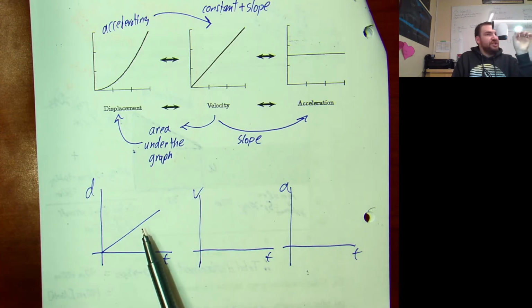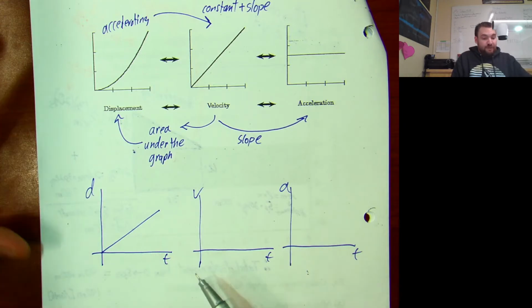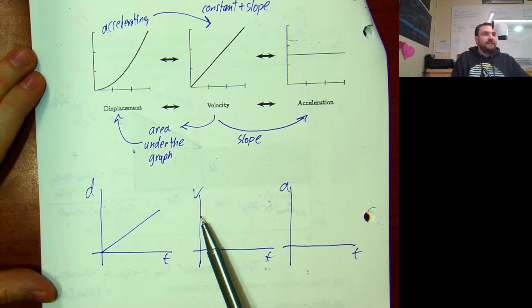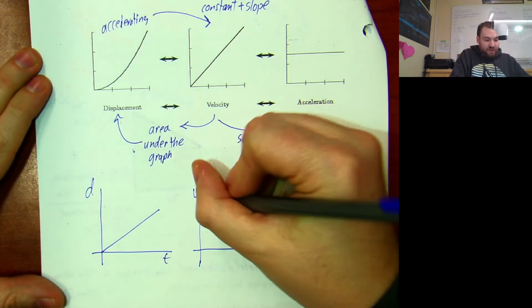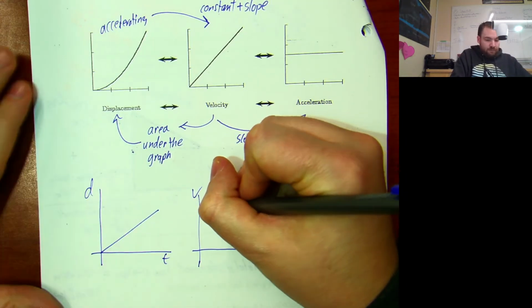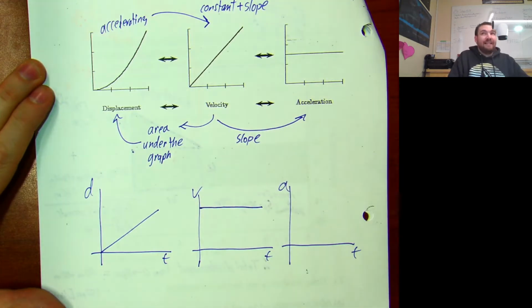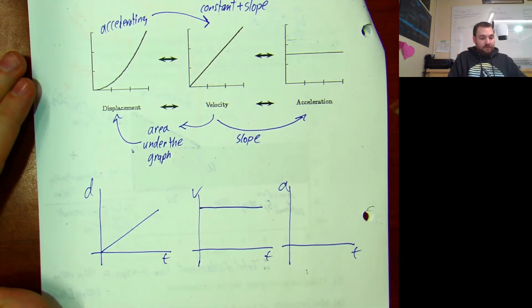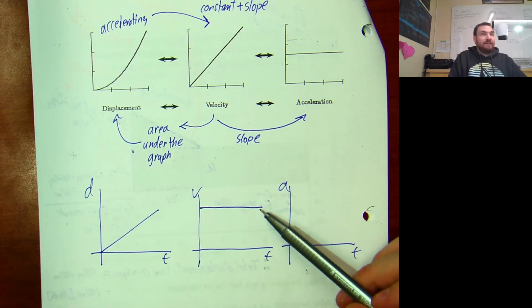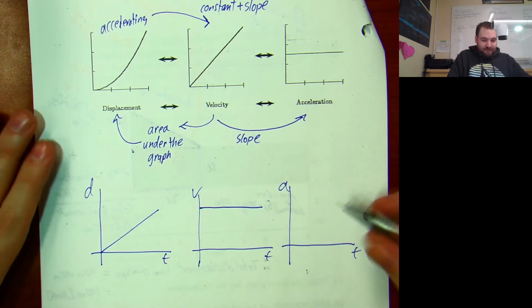If my position is changing constantly, what is constant? It means my velocity is constant. What does a constant velocity look like on a VT graph? A horizontal, because this line's straight. Straight, flat line. Which means, what's my acceleration here? You're right, Luis, it's constant, so it's going to look like this.